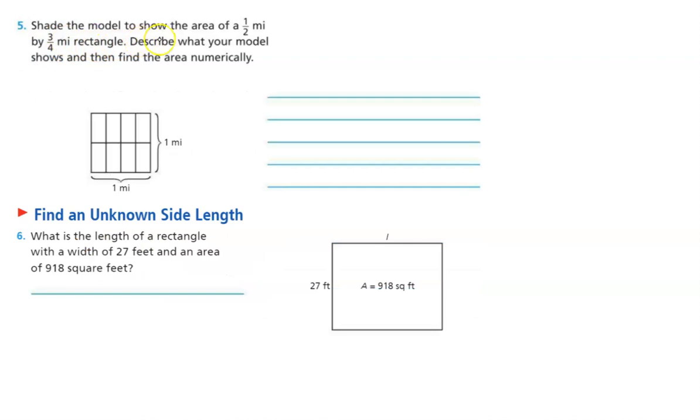It wants you to shade the model to show 1/2 times 3/4. So this time I'm going to label 1/2 down here because there's 2 halves. And then here I am going to basically show you 3/4 here. So let me show you what that looks like in highlighting. So if I had 1/2, I'm going to highlight across there.